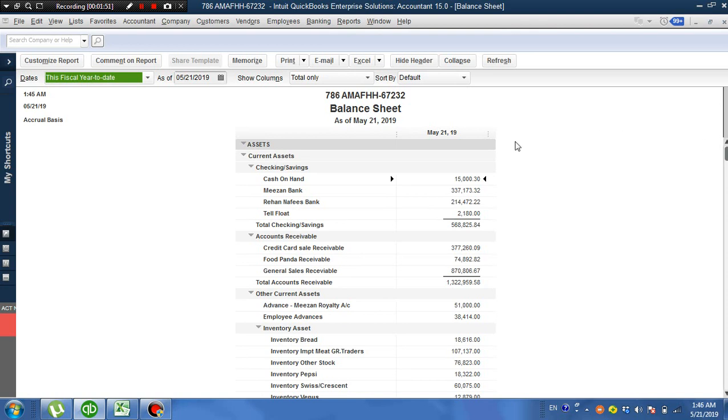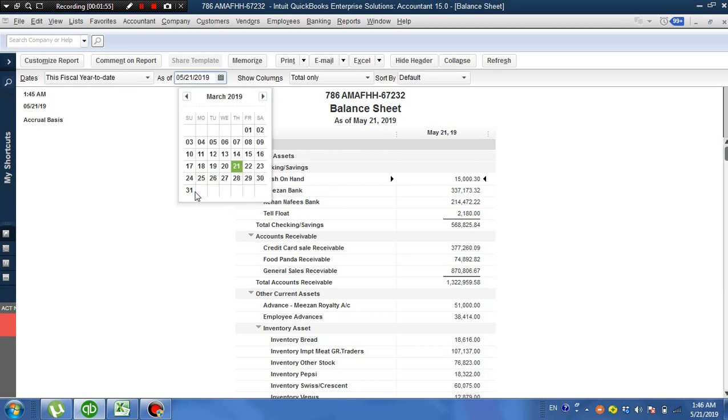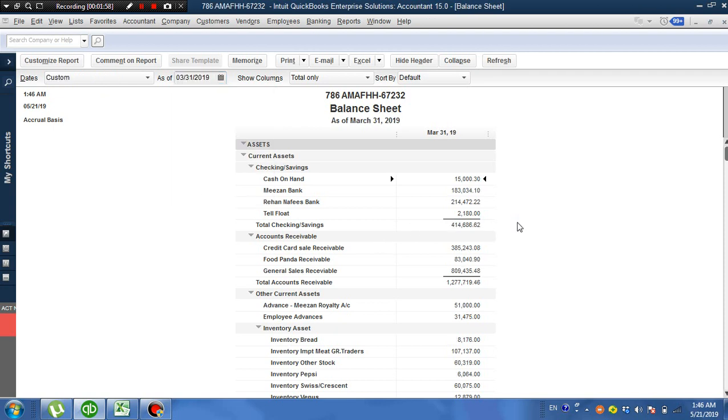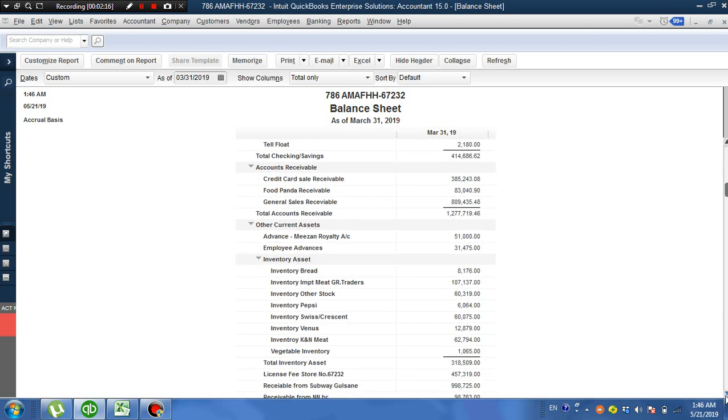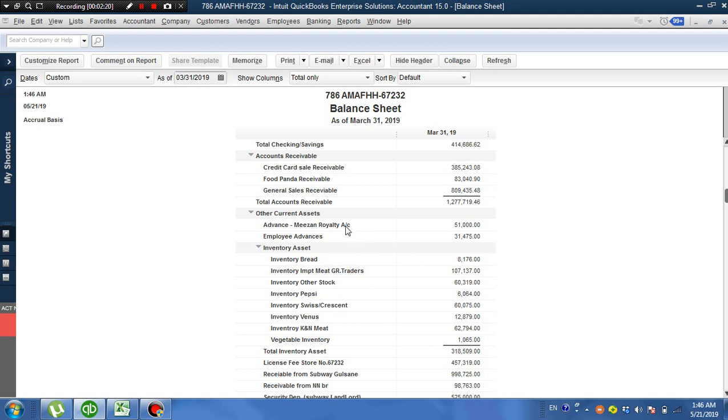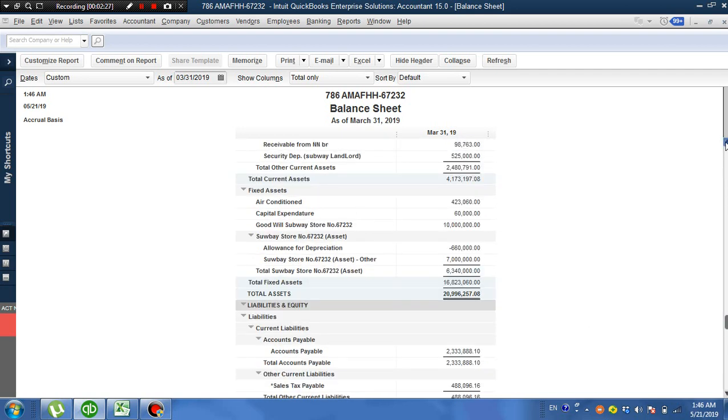This is the company balance sheet as on, we want to see it as on March 31 2019. It will get changed accordingly. This is the bank and cash account section, the account receivable section, the advances, employee advances, and the inventory.